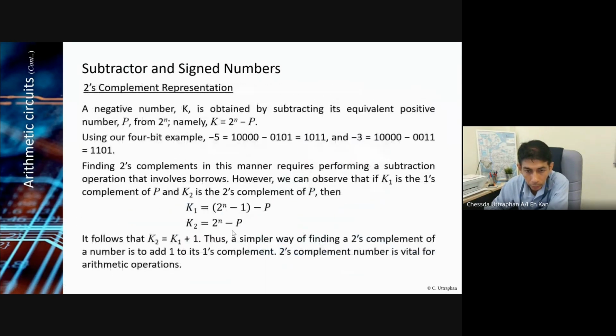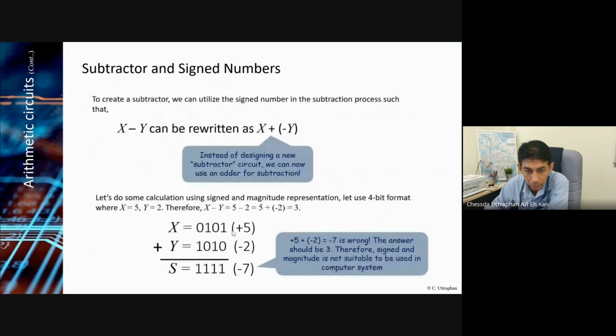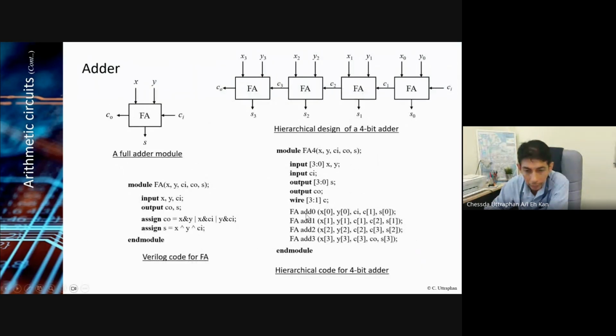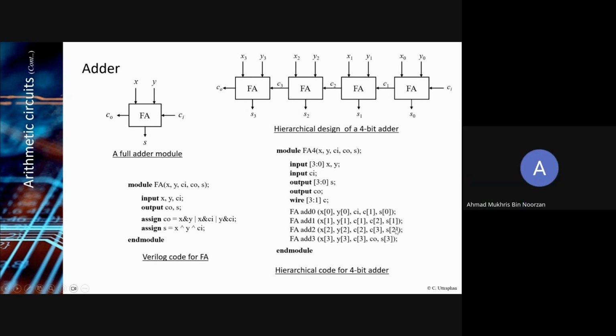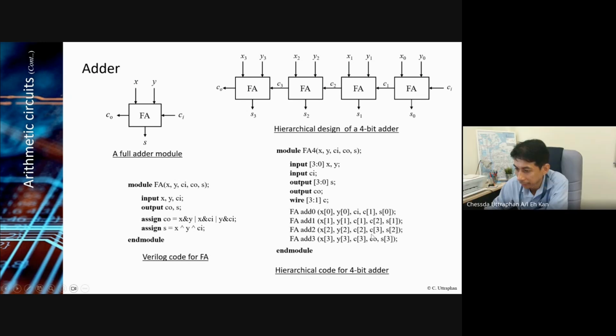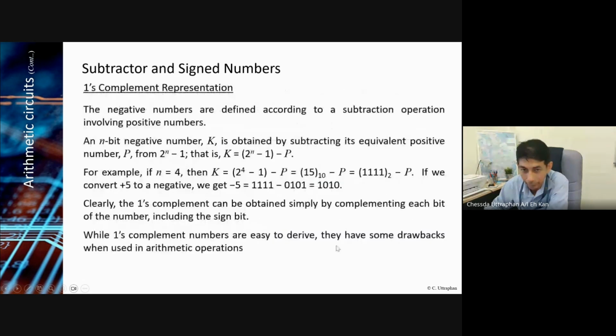So to have a bigger adder, we need to do this, right? This is 4-bit. If you want to have 8-bit, you need to have 8 more lines. And even if your adder is 32-bit, right? And today we have a 64-bit adder in our computer, right? So to do it this way is not that practical anymore.